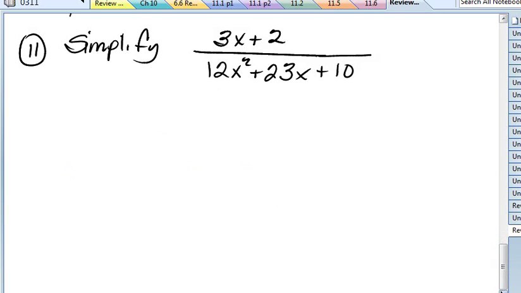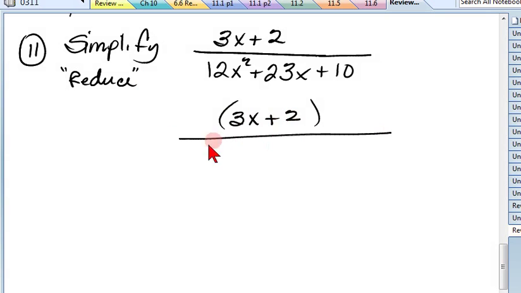All right, if I'm going to simplify, which is code for reduce, the numerator doesn't change, 3x plus 2. The denominator, I think, is factorable. What do you think one of the factors just might possibly be? 3x plus 2? That's the only way this is going to reduce. So I think it might be, but I know I need a plus and a plus.